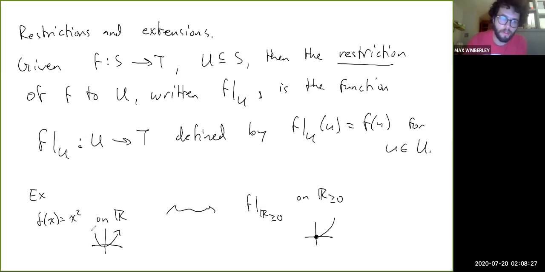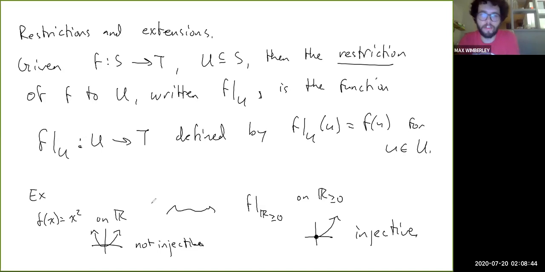So this takes f from being not injective, right, to injective. So that's important, right? Restriction can radically alter the properties of a function. I think that should be fairly obvious.